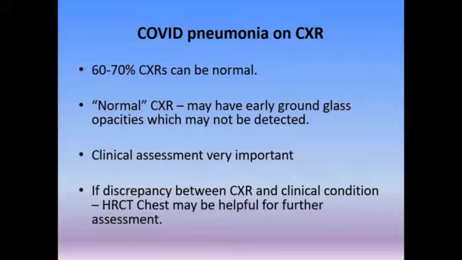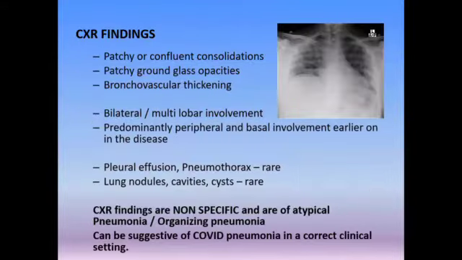So early ground glass changes sometimes may not be seen on a chest X-ray, but will clearly be seen on HRCT. Right? So clinical assessment is very important. If the chest X-ray appearance does not tally with your clinical condition, with the saturations, then you can always go for a high resolution CT for further assessment.